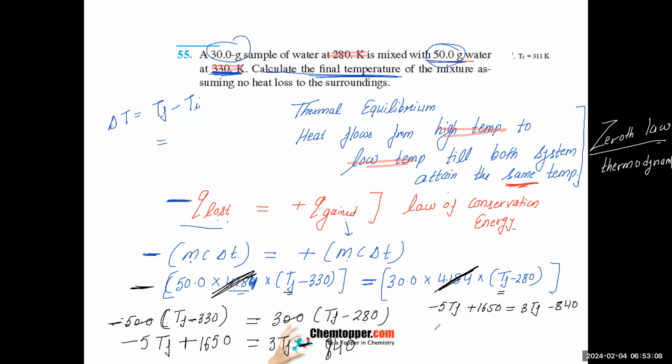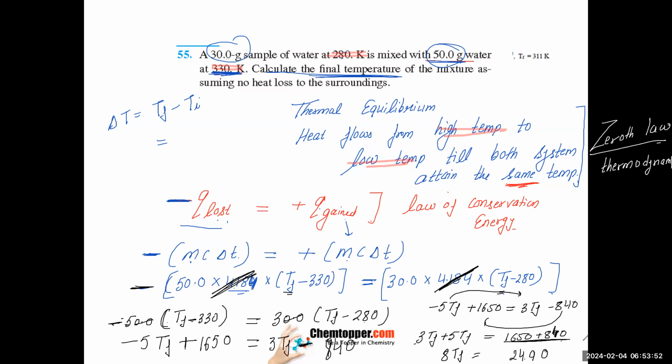Now we'll take the TF on the same side. I bring this on this side. You know this algebra. So 3TF plus 5TF is 1650 plus 840. So 8TF is 2490.